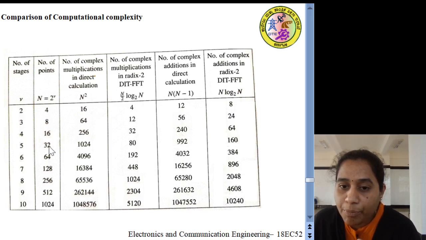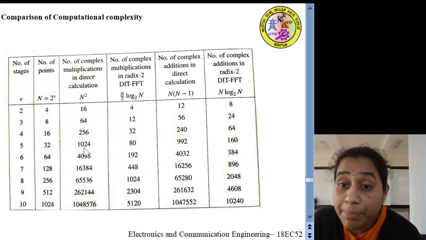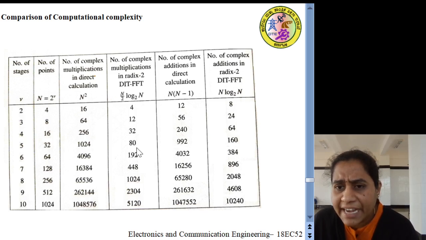If we consider a 32-point DFT, there are 1024 complex multiplications in direct computation, but just 80 in DIT FFT. There are 992 complex additions in direct computation, but just 160.